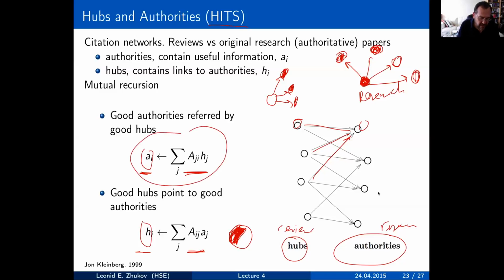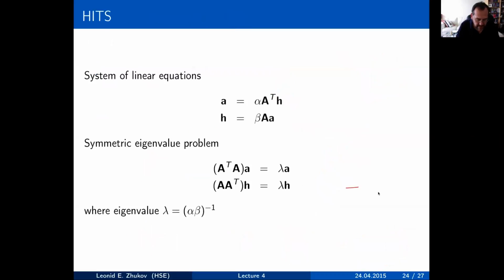Again, this is very much a recursive definition. Authoritativeness of a paper depends on the hubness of the neighbors, and hubness depends on the authoritativeness. But you can take those two equations and, in the fashion we did before, solve them together.